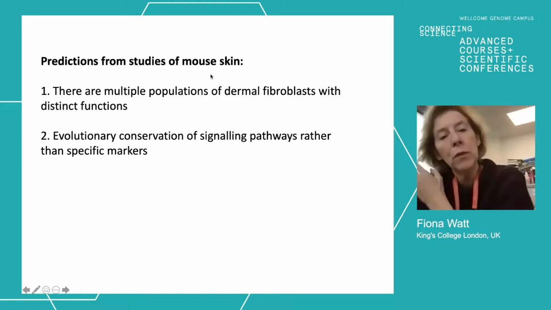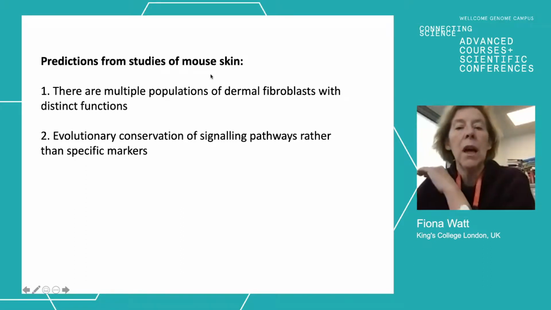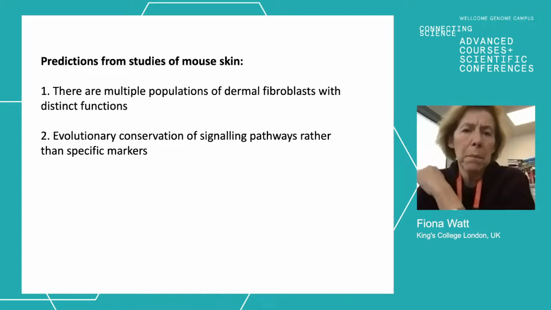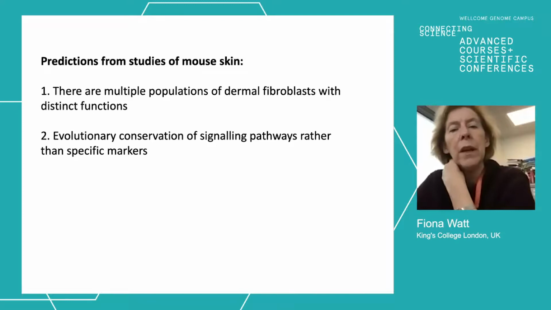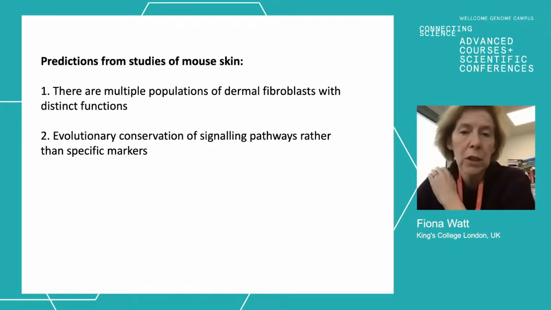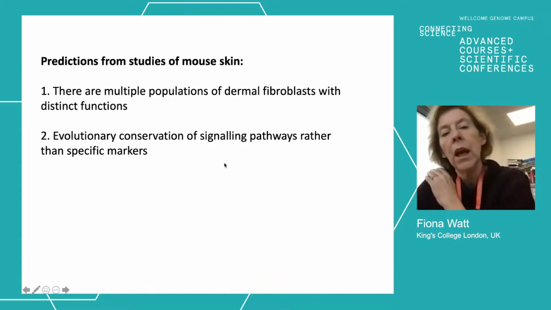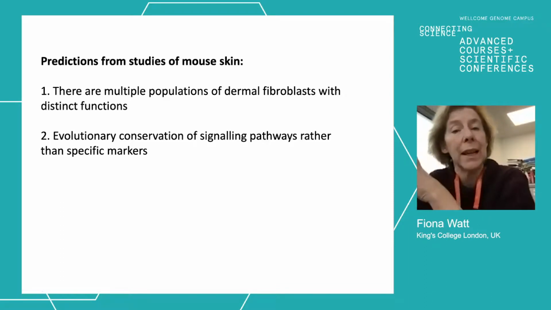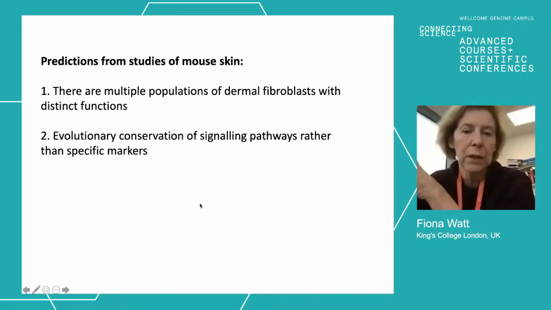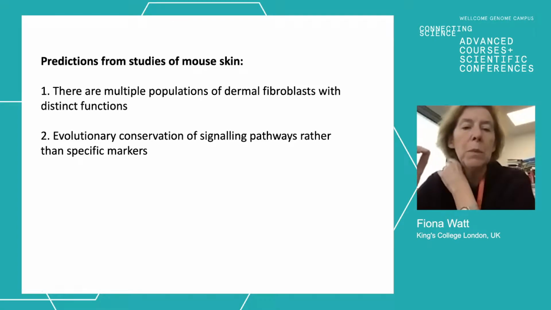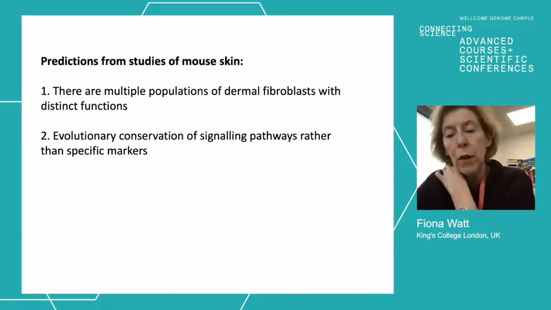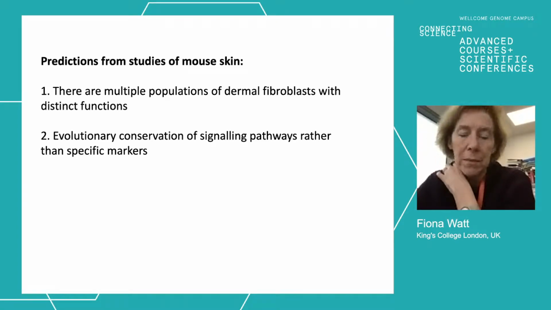So the predictions from our studies in mouse and from important pilot studies that were carried out by Magnus Lynch and Christina Philippius, we predict that there should be multiple populations of dermal fibroblasts with distinct functions in adult human skin. And what we're looking for more is evolutionary conservation of particular signaling pathways in the different subpopulations, rather than specific markers that we can use for flow sorting of the cells.